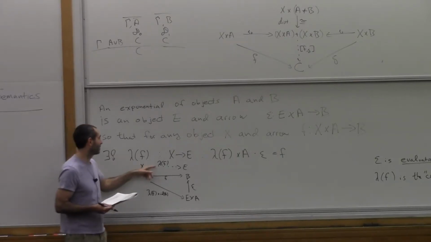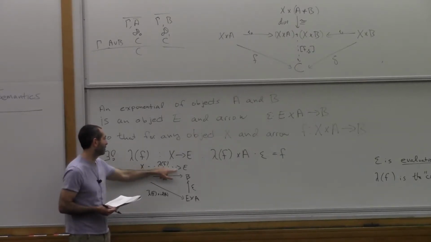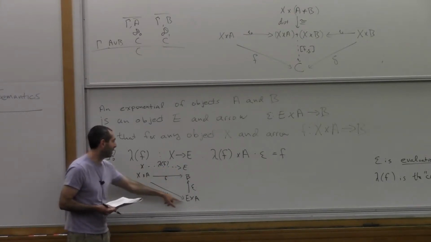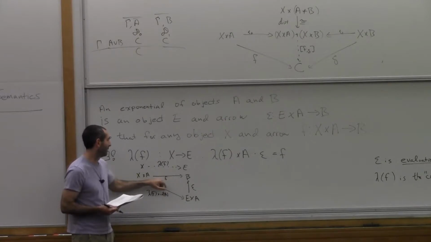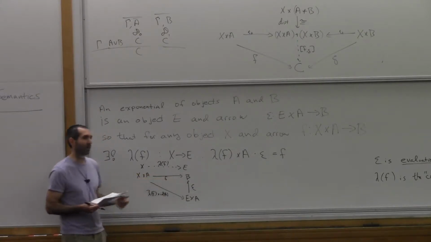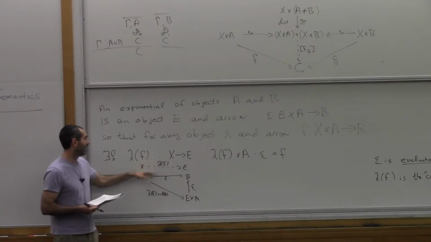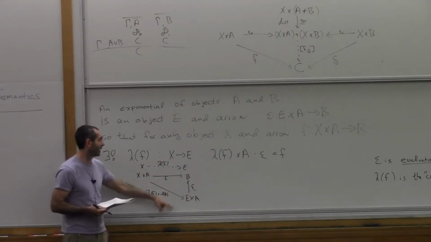The way we do that is, if we have something already up here from x to e, to uncurry it, we just cross it with the identity on A and evaluate it. And then we get a function that wants both of its arguments at once. So currying is lambdaing, and uncurrying is crossing with the identity on A and evaluating.